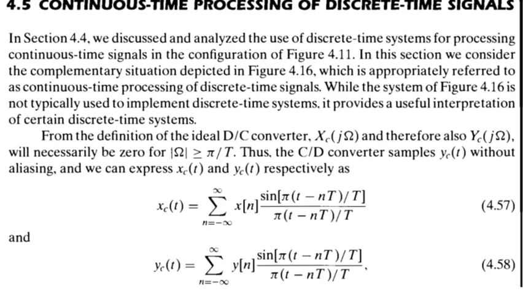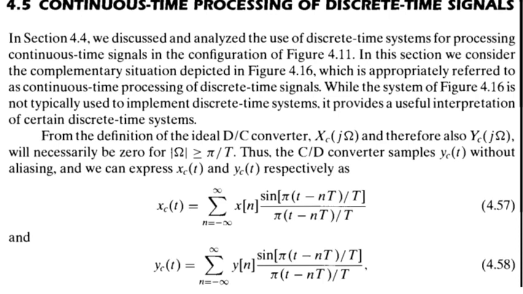So we know that from the definition of ideal discrete to continuous converter that the spectrum Xc(jω) and therefore Yc(jω) will necessarily be 0 above the sampling frequency, that is ω greater than π/T. So you can see in equation 4.57 and 4.58, these equations must be familiar to you.